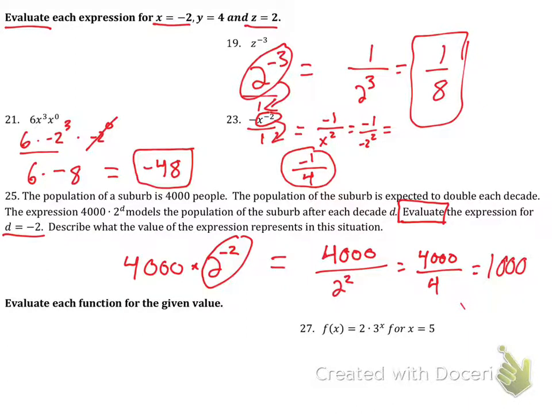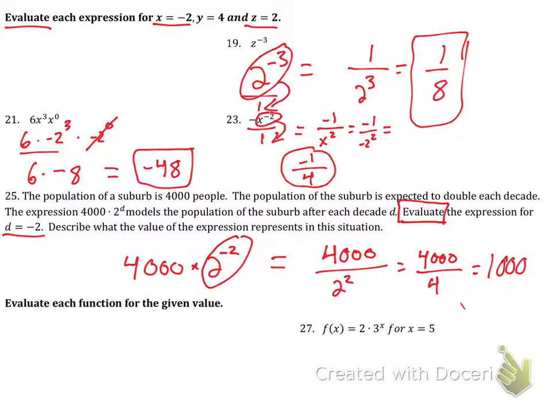So describe what the value of the expression represents in this situation. This would say that it would be 1,000 people two decades ago.